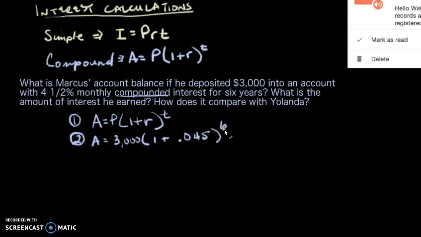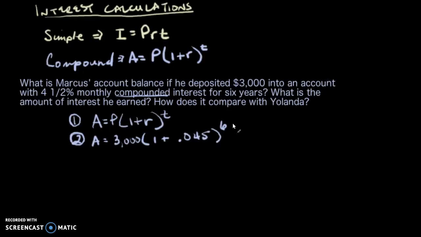He's doing it for 6 years, but it is calculated every month. So not only do I need to calculate 6 years, I need to make sure that I represent 6 years in terms of months. So since there are 12 months in a year, I do 6 times 12.